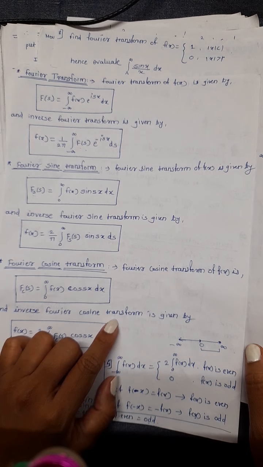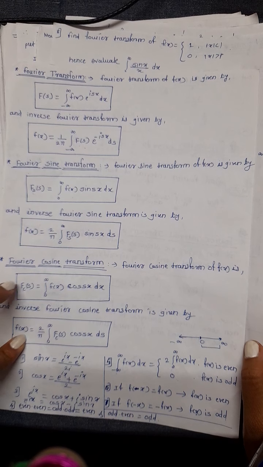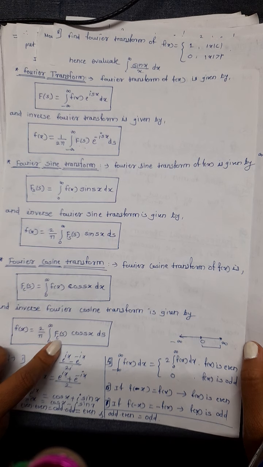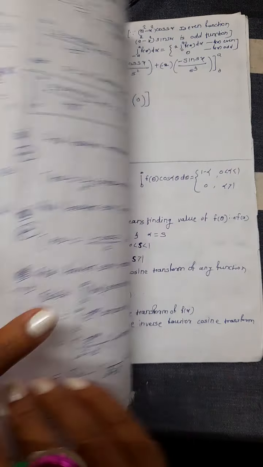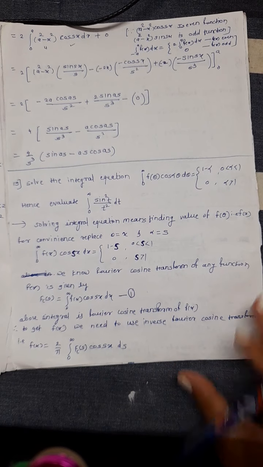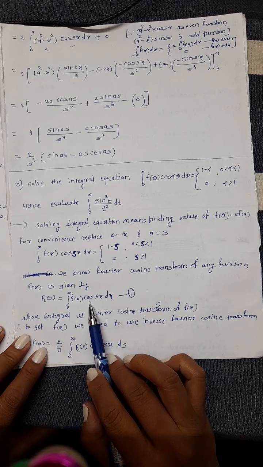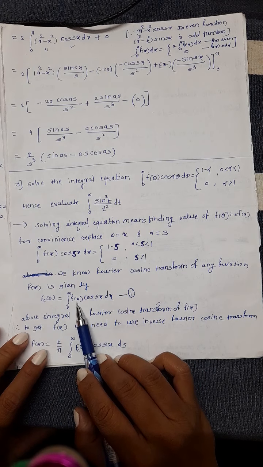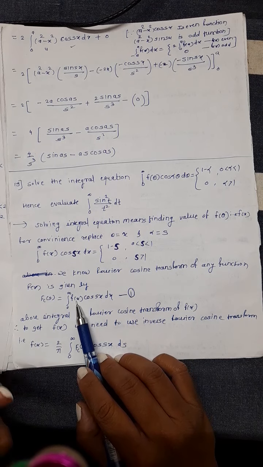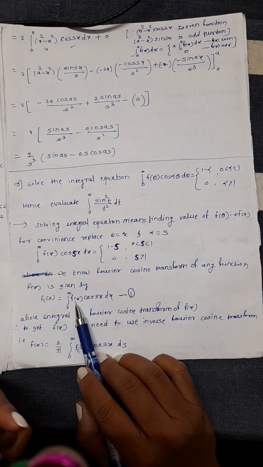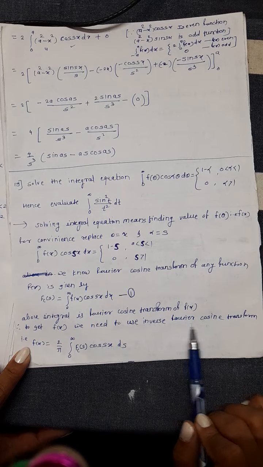The inverse Fourier cosine transform is nothing but the formula to get this function. Using this logic, this is our Fourier cosine transform, and to find f of x we ultimately have to use the inverse Fourier cosine transform. Therefore, to get f of x we need to use the inverse Fourier cosine transform.